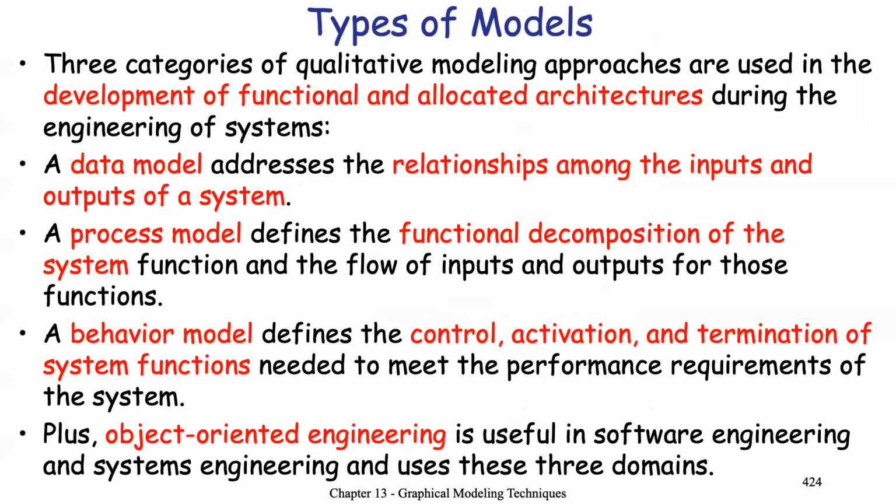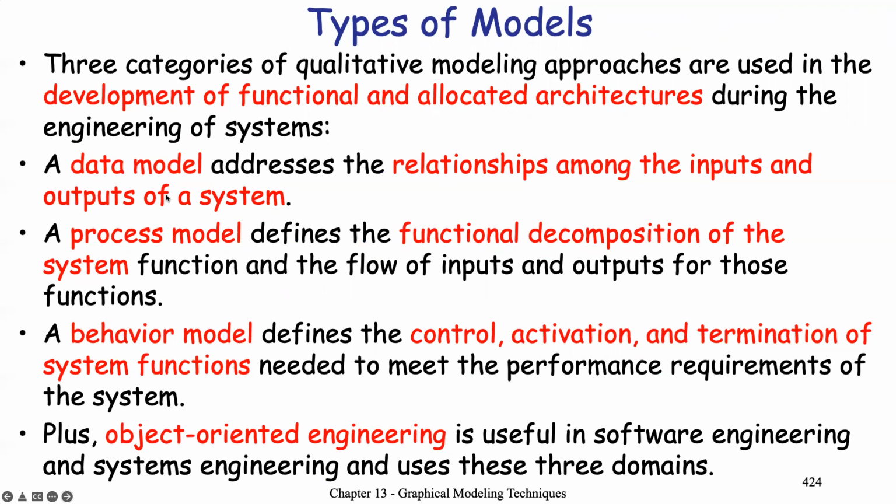Well, it's interesting to be considering this word, model. In some ways, it sounds like you would know exactly what this means, but there's a lot of different sub-definitions of what you can be thinking of models and how that term is applied. So from Booty, there's 3 categories of qualitative modeling used in the development of functional and allocated architectures. There's a data model.